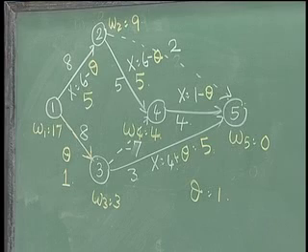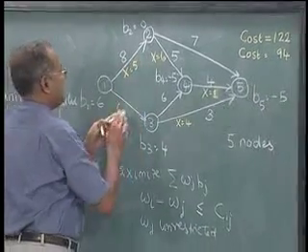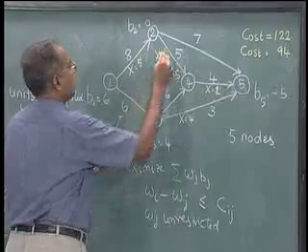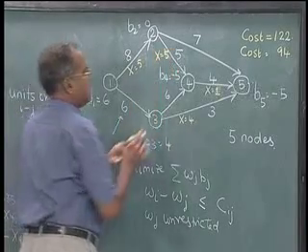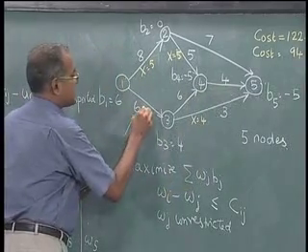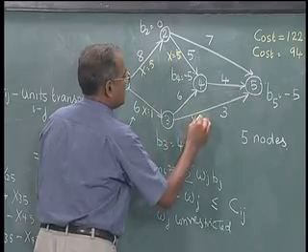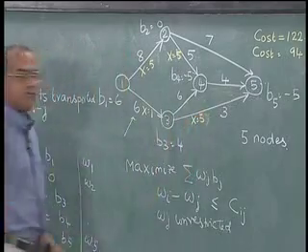So, we update this matrix to get x equal to 5 here, x equal to 5 here, here there is no flow, this will become x equal to 1 and this will become x equal to 5.